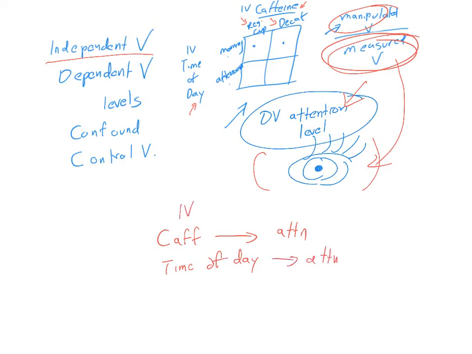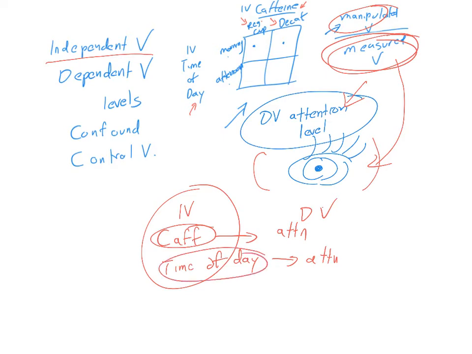These are both IVs. Here's our DV. We're considering two IVs, and that's fine. But in both situations, we're thinking that consumption of caffeine is somehow going to influence attention, and the time of day that we have people take the test is going to influence attention.